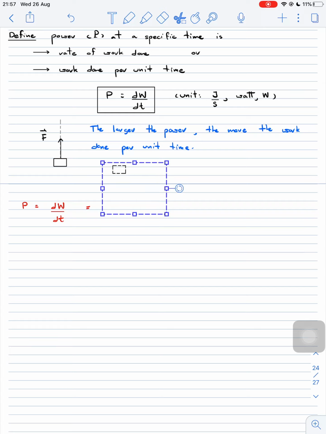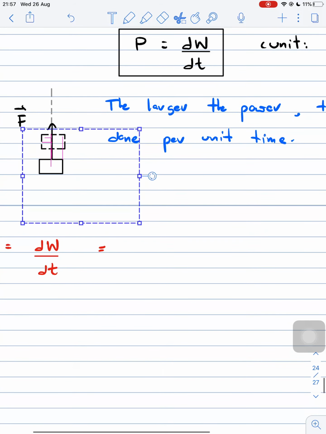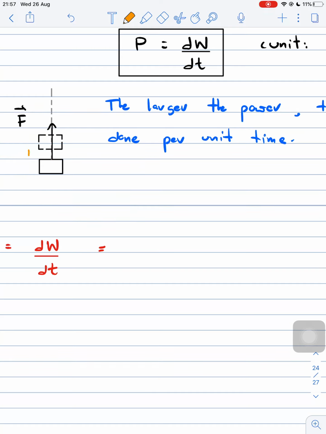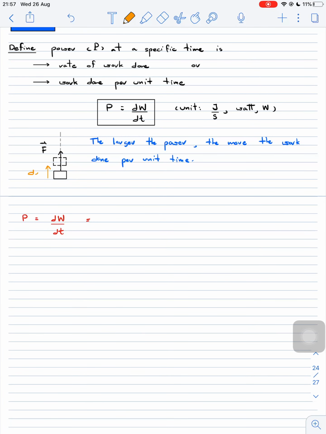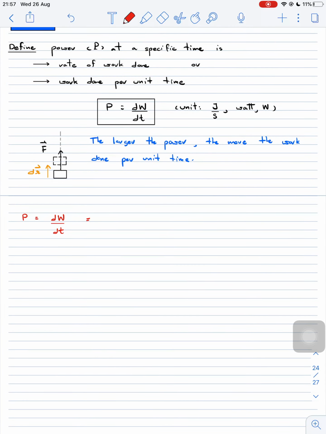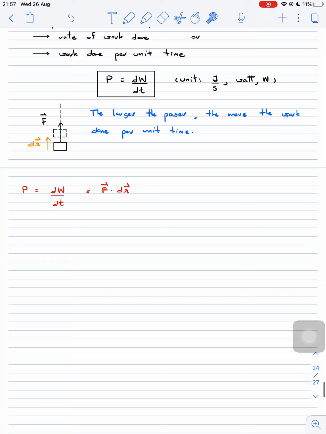If the object is displaced by the displacement dr, then we can write dW to be equal to the force F dot product with dr. So now we can move the dt to the dr here, so we have dr by dt.